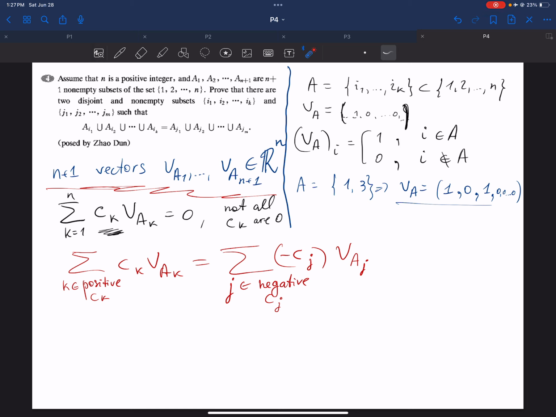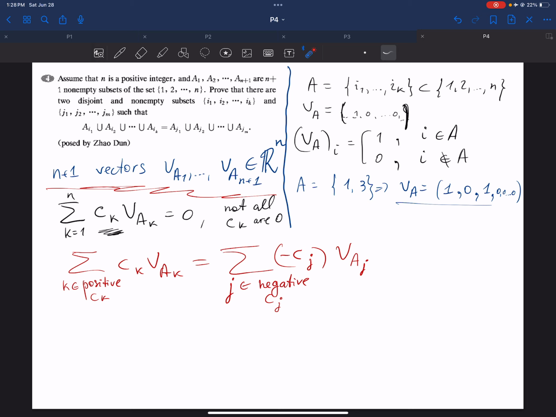If some number p from this collection appears in these sets, it means that on the p's position in some of these vectors we have one, and it's multiplied by some positive coefficients on the left. But then on the right, we need to have also 1 on the p's position in some vectors, multiplied by positive coefficients, such that the left and right side match.